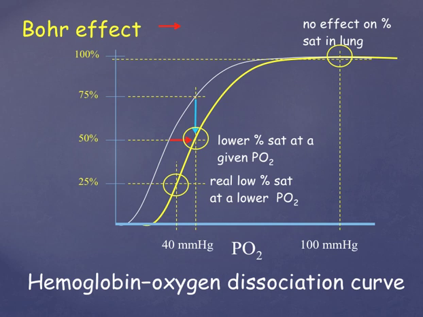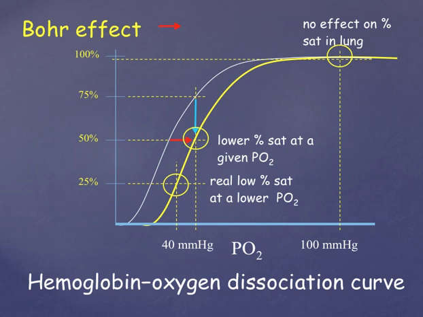It just reflects how hard, if you will, the red cells are working. The Bohr effect, we say, shifts the curve to the right. Okay, nothing really moves. It simply means when the temperature is high, when the carbon dioxide is high, when the acidity is high, we have a different relationship, shown here in yellow.